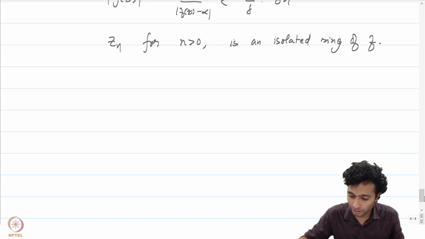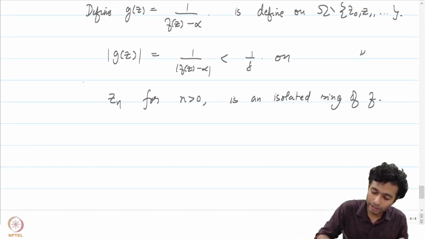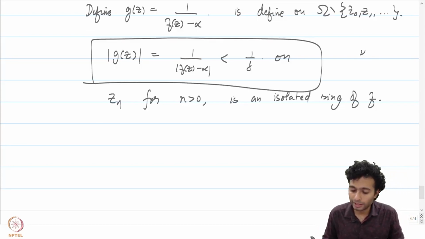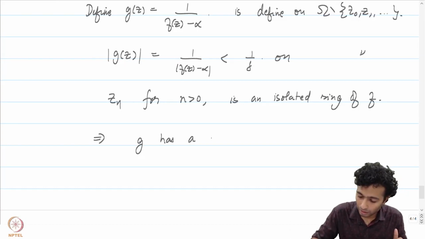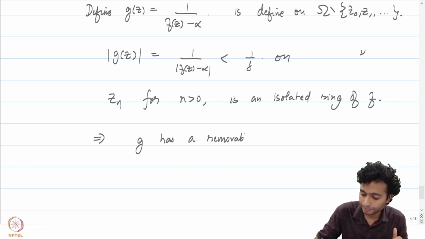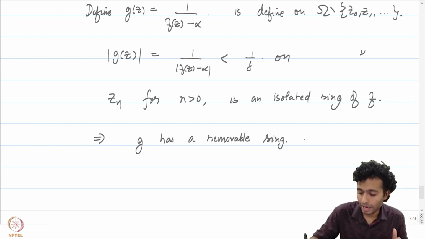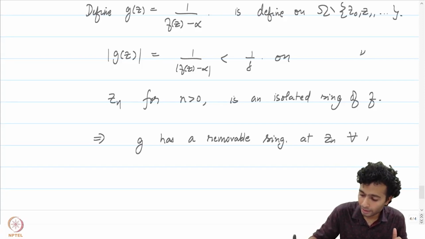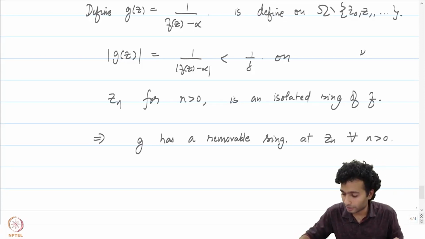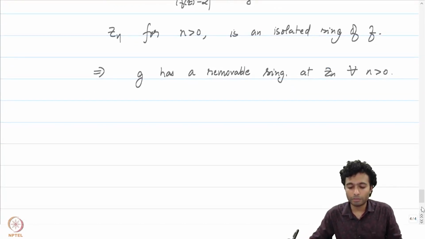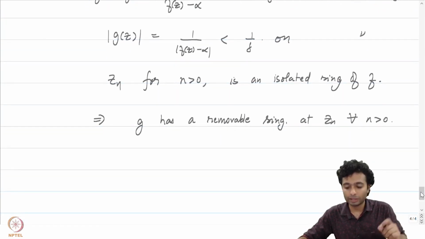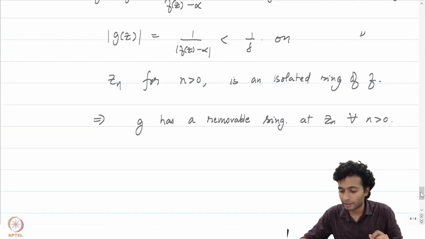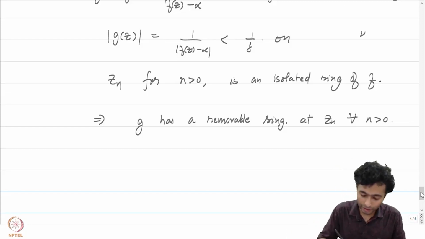And what did we just check out? We checked out that g is bounded in a neighborhood of each of these isolated singularities, which tells us that g has a removable singularity at zn for all n greater than 0. z0 we will come to at the very end. But what do we know about our function f? We know that zn for every n greater than 0 is a pole of our function, right?